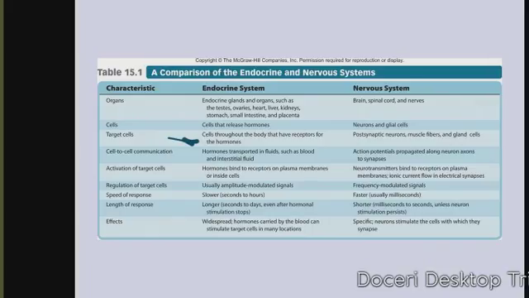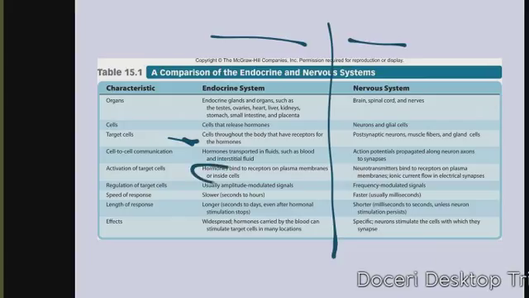Okay, postsynaptic neurons in the nervous system. So this is a really good comparison of the nervous system versus the endocrine system, and seeing a few similarities and a lot of differences. Okay, activation of target cells. How does it happen? Well, in the endocrine system, target cells are activated by hormones. In the nervous system, they are activated by neurotransmitters.